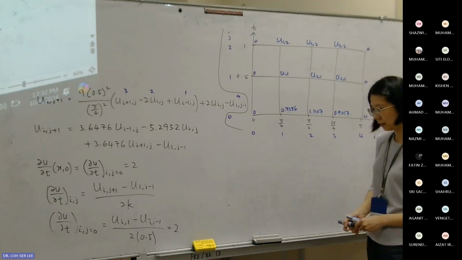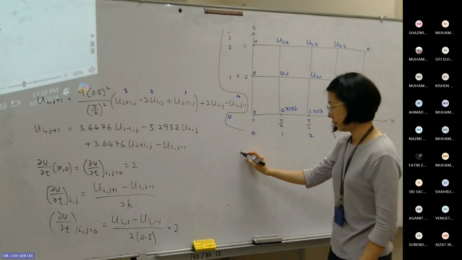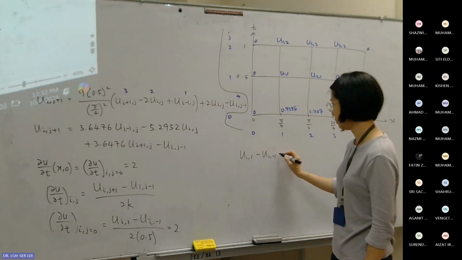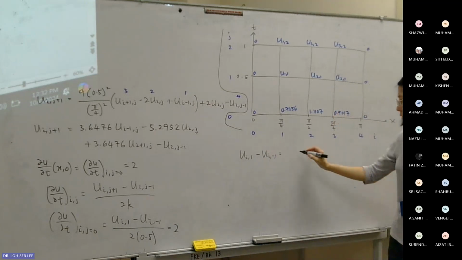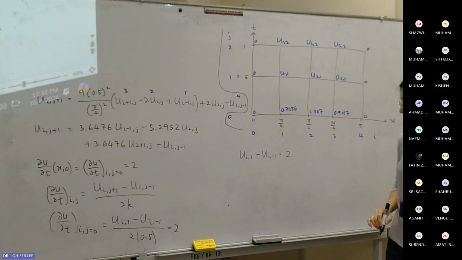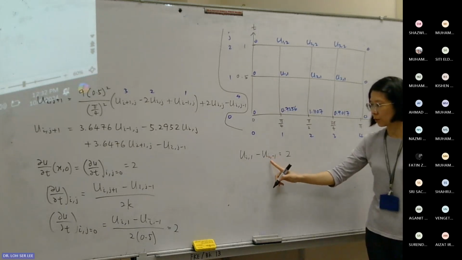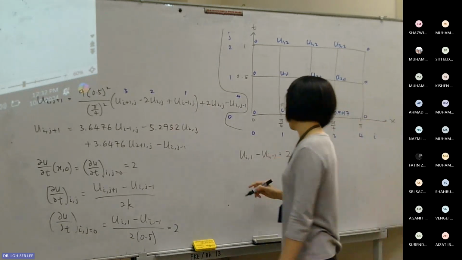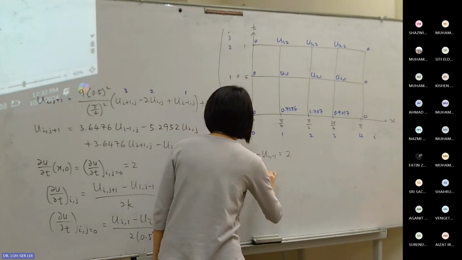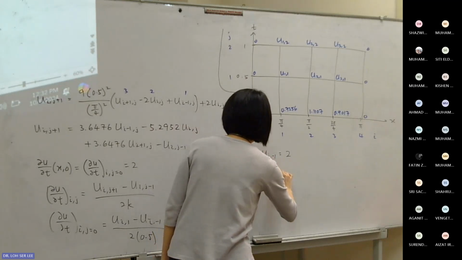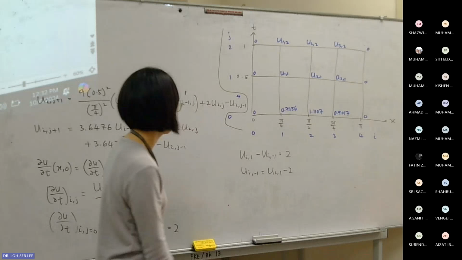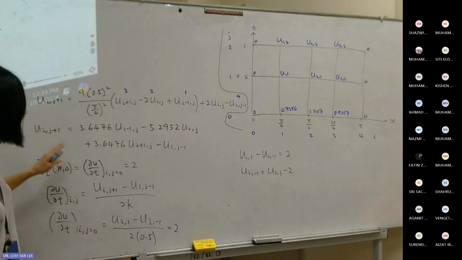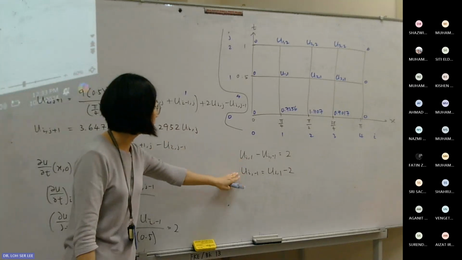So simplify. You have ui1 minus ui -1 equals to 2. Okay, so we want this ui -1 to split, and ui -1 equals to ui1 minus 2. So this is the first formula. This is the second formula.